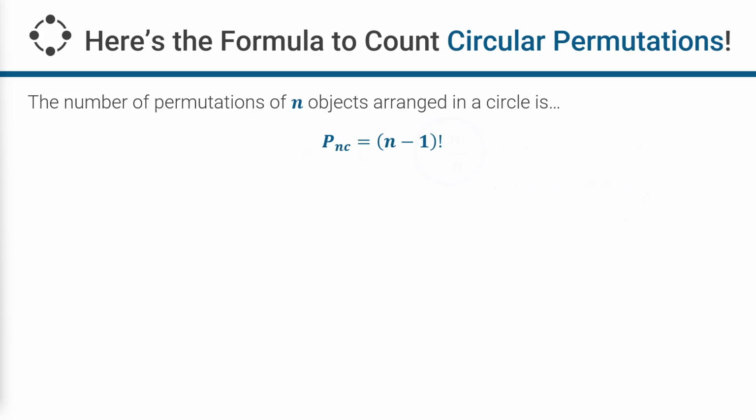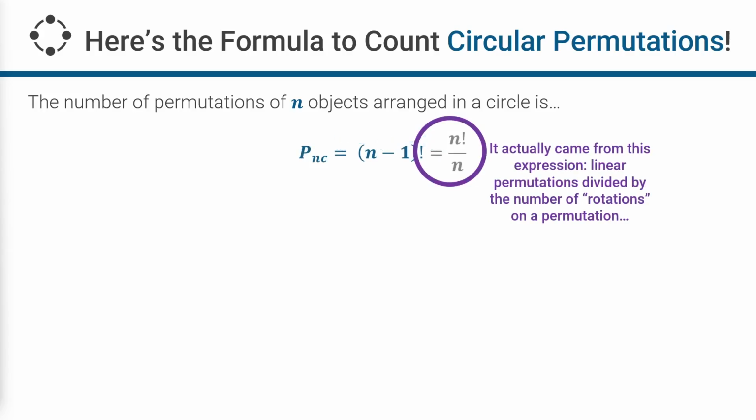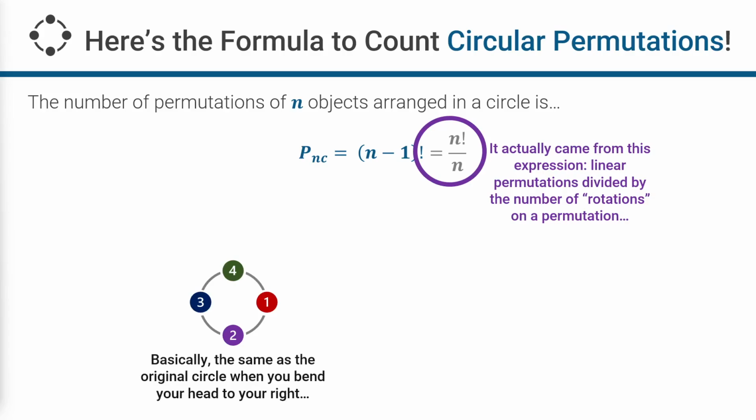As per our history, it actually came from n factorial over n, wherein the linear permutation is divided by the number of rotations on a permutation. In other words, it's just rotating.